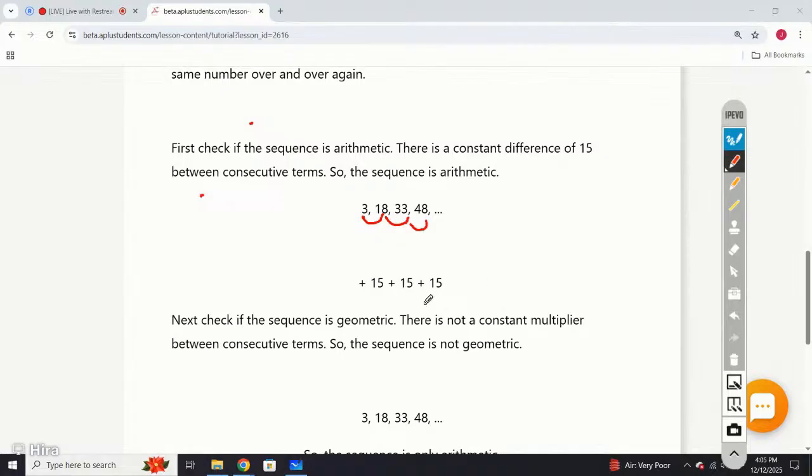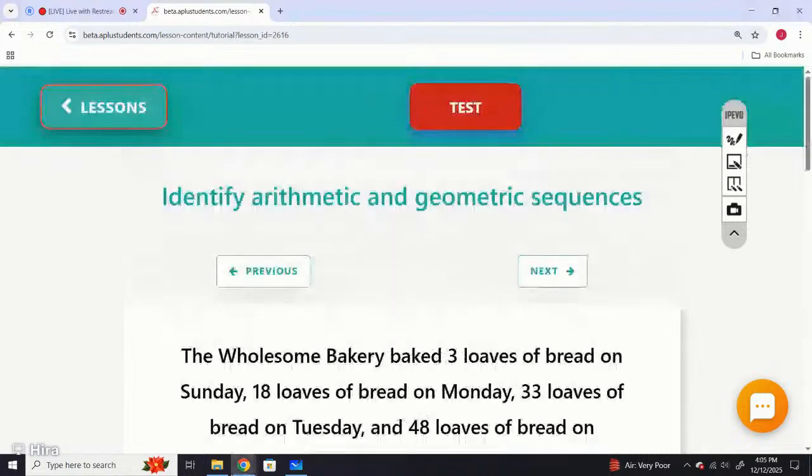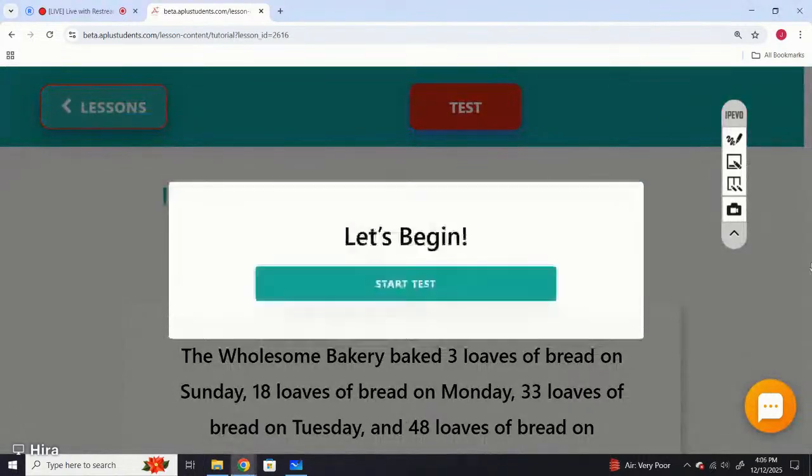So that is an arithmetic sequence, because for every next term we are adding exactly the same number, right? Let's just start with the test questions.